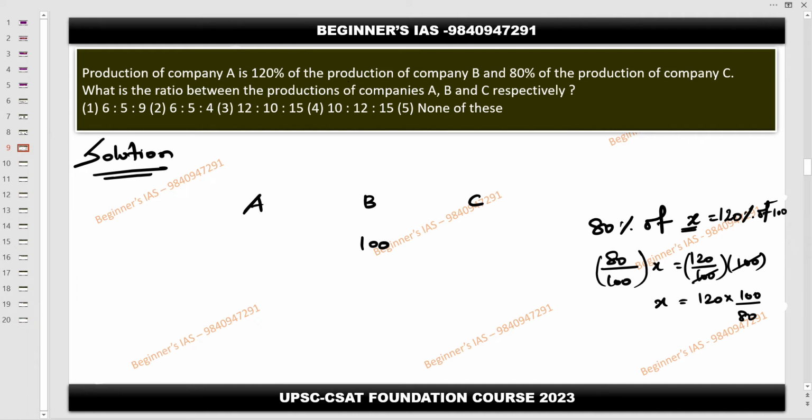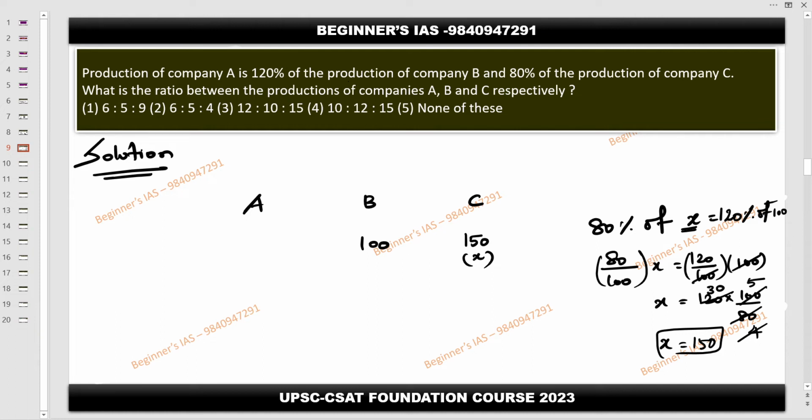So here 4 times, here 5 times, then here 30 times. Then X is going to be 150. Clear? So therefore you are taking X as C.